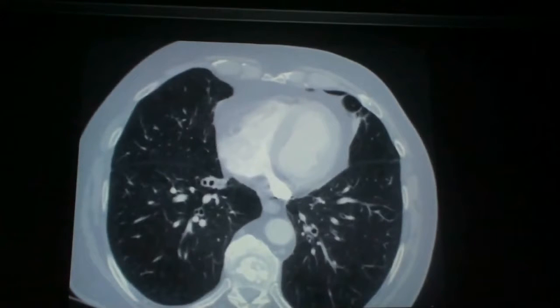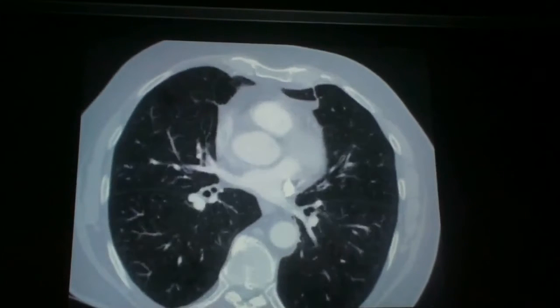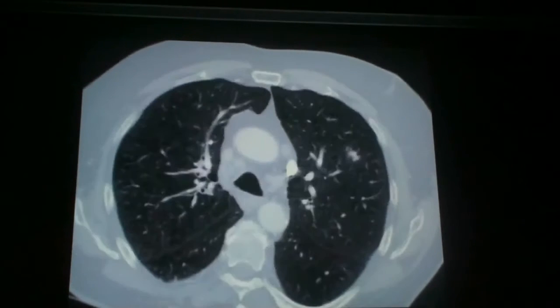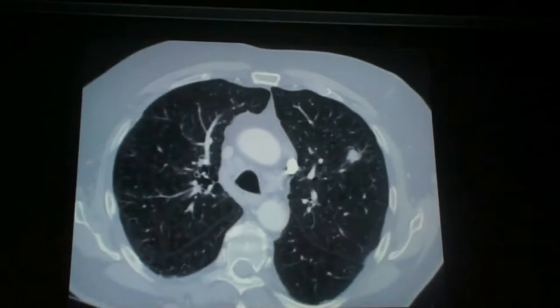So there is no shunting. It's a systemic vein joining the right atrium, so no shunting. This is the first abnormality.